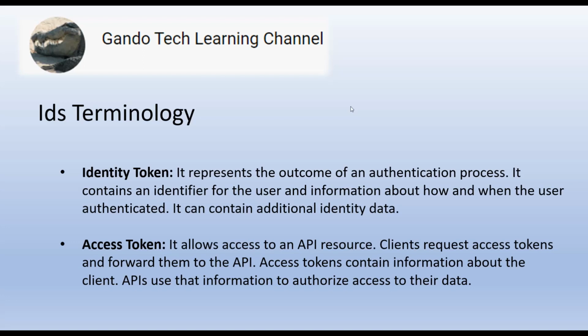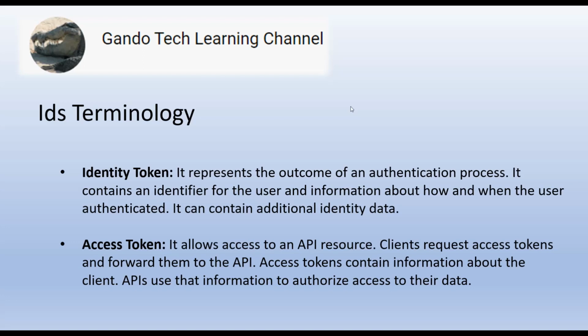The identity server checks your authentication, and if it's valid, it will return an identity token. Then with that identity token, you are authenticated and you can go further and access the resources. So this is all about the identity token.